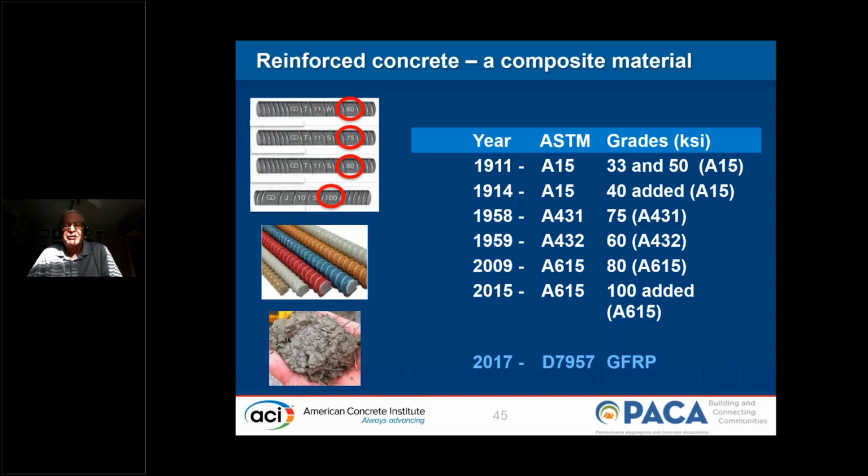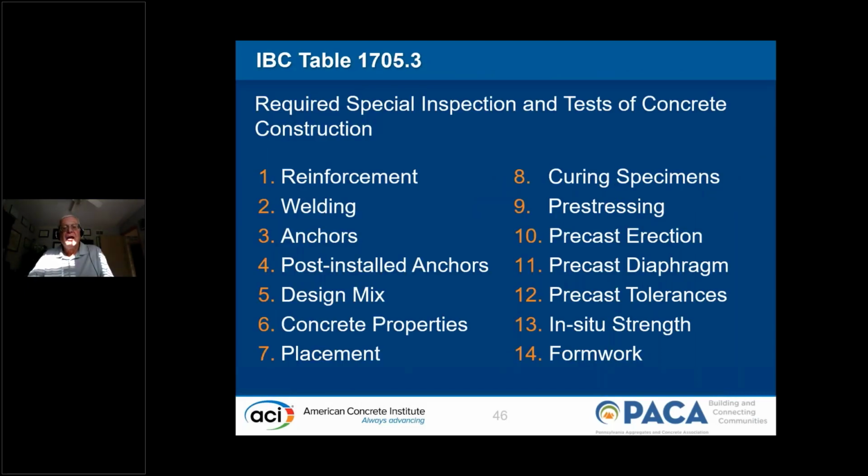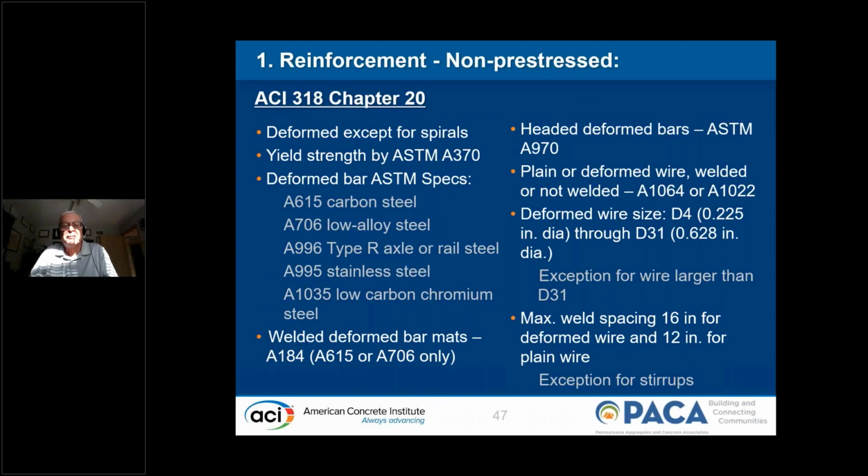And then we also have steel fibers that can be added to the concrete to supplement reinforcement. Table 1705.3 of the IBC lists 14 things that we have to make sure are properly done in the field when structural concrete is being placed. We start with a major concern, which is the reinforcement.